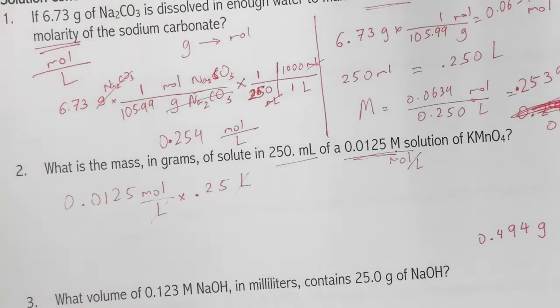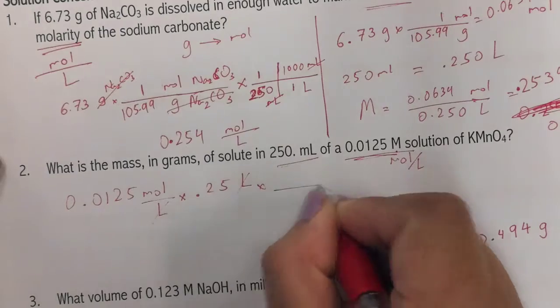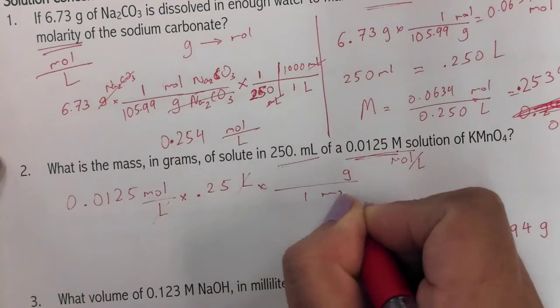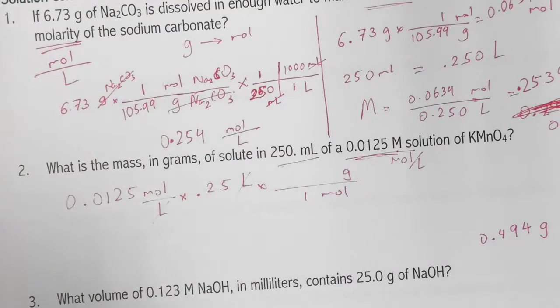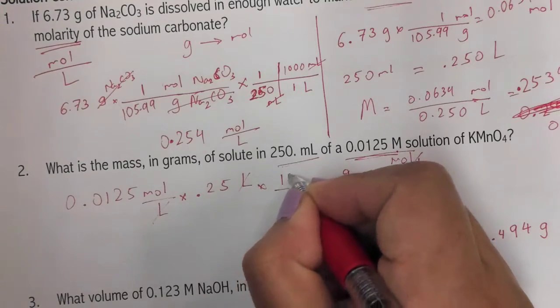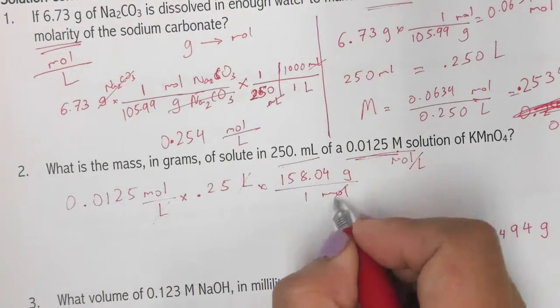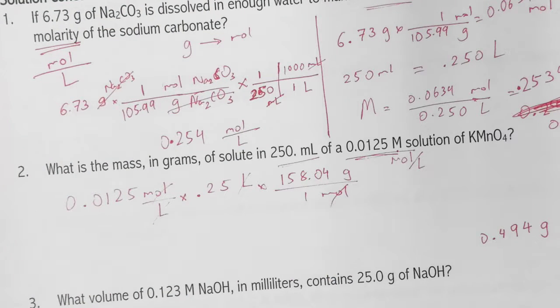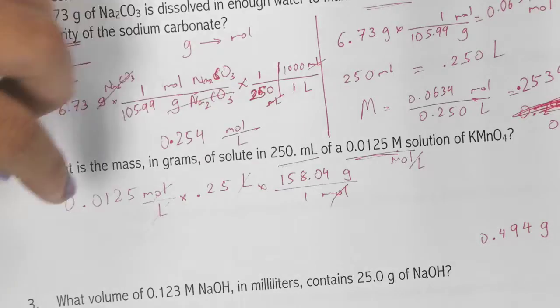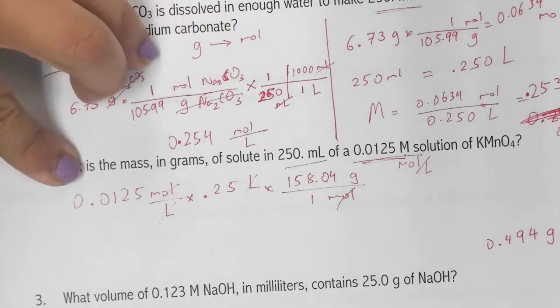Now I have mole. How do we get grams? Molar mass. Times molar mass. 1 mole. Okay, and I believe my molar mass is 158.04. So if you've done this, you get your grams of 0.94. Good. Now, you don't necessarily have to write everything in one sentence.